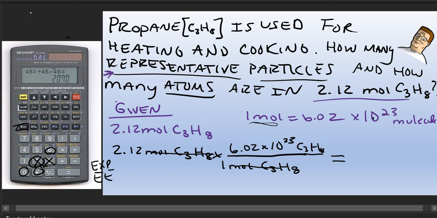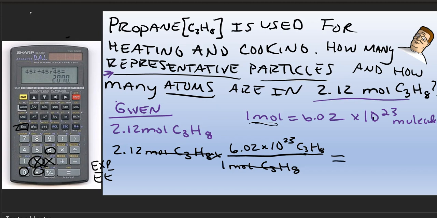Don't do times 10 to a power or your decimal will always be off by 1. This button means times 10 to that power. When you multiply 2.12 times 6.02 times 10 to the 23rd, we get 1.28 times 10 to the 24th.